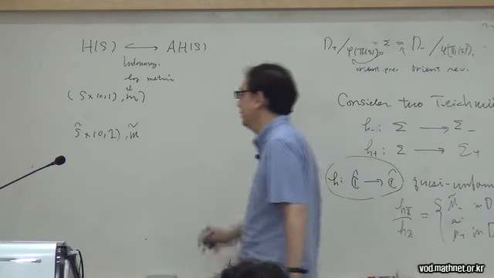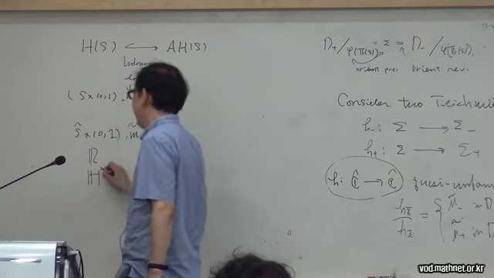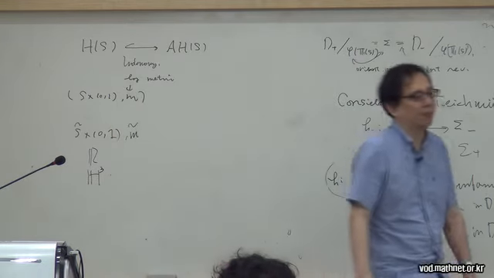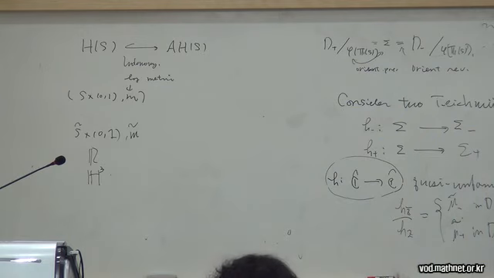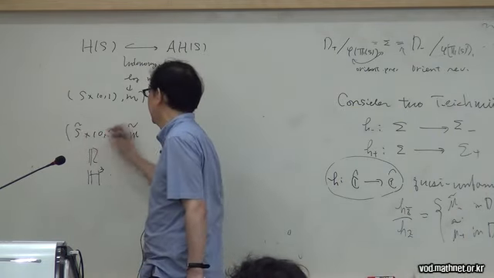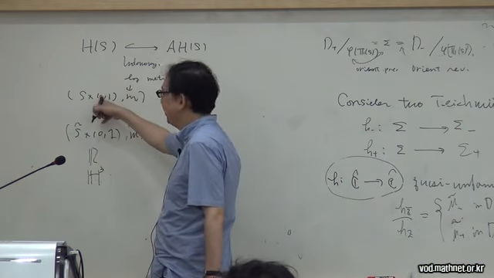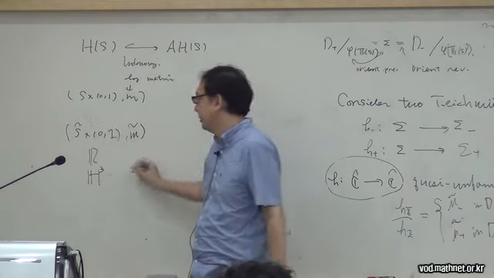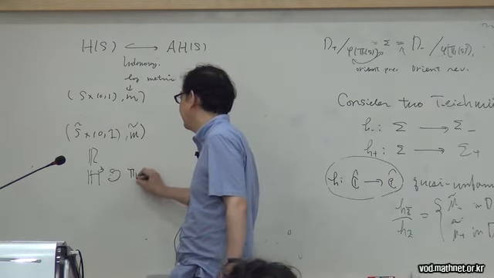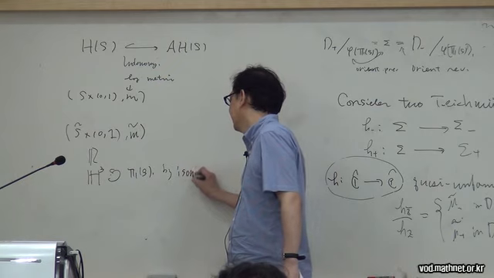So that should be isometric to H3, standard hyperbolic space. Okay? And the pi 1 of this one is just pi 1 of S. So pi 1 of S acts there by isometries.